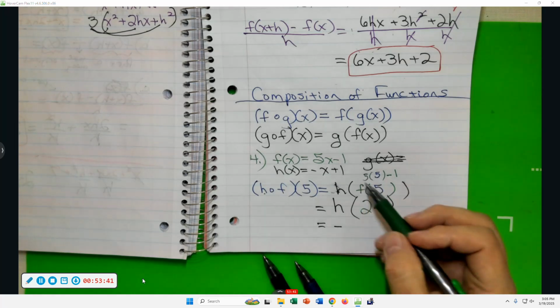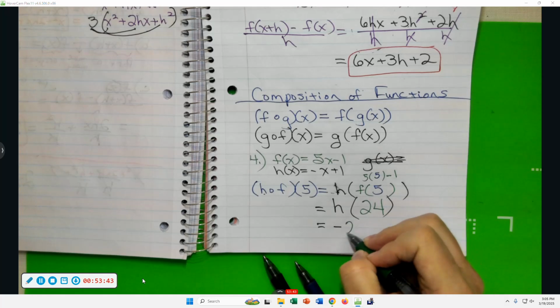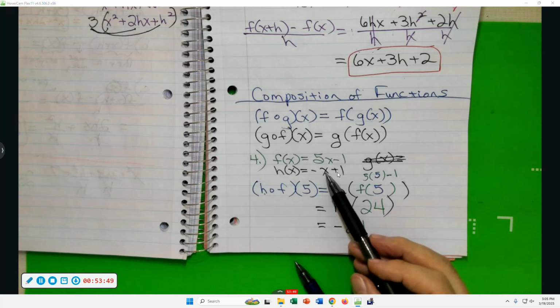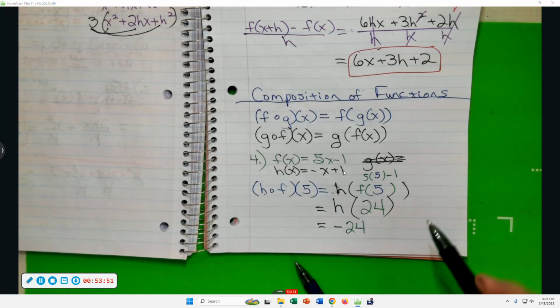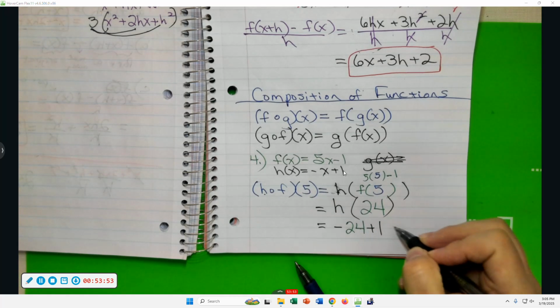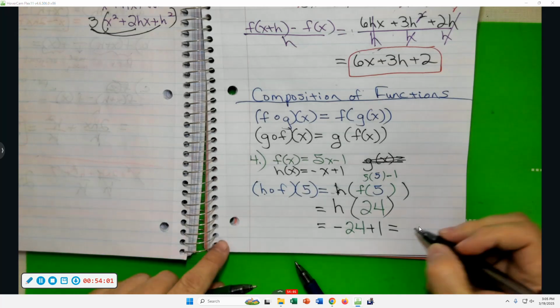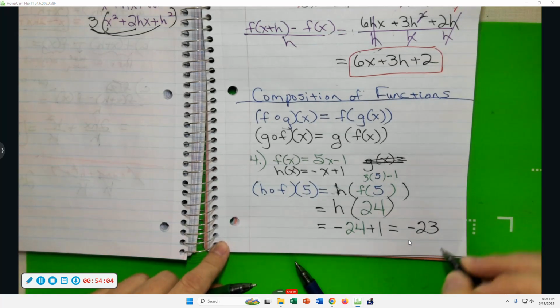So we're replacing that x with a green 24. We still have that plus 1. Negative 24 plus 1 gives us a final answer of negative 23.